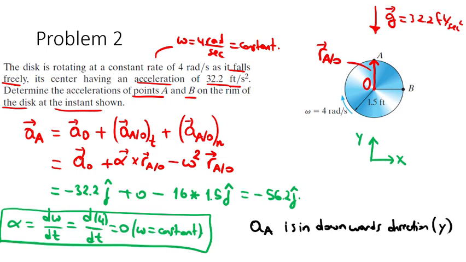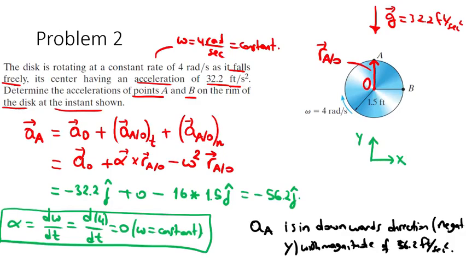So let's write this as negative y with a magnitude of 56.2 feet per second squared.